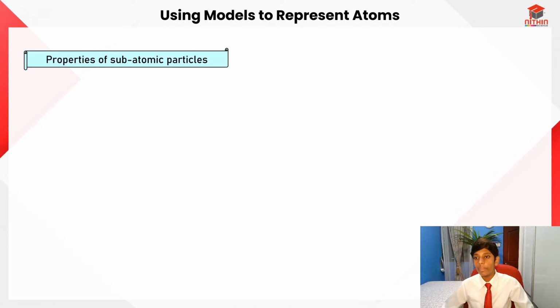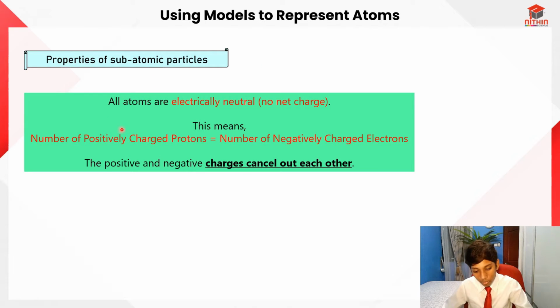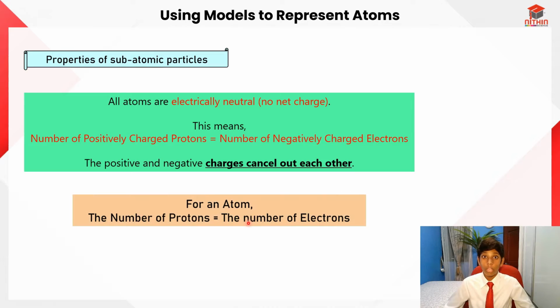Next we have the properties of subatomic particles. All atoms are electrically neutral. Basically there's no net charge. This means that the number of positively charged protons is equal to the number of negatively charged electrons. So the positive and negative charges cancel out each other. We have already talked about this, so I hope you know that by now. For an atom, the number of protons is equal to the number of electrons.